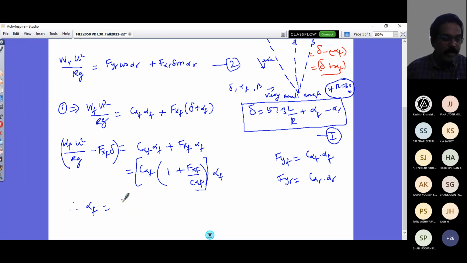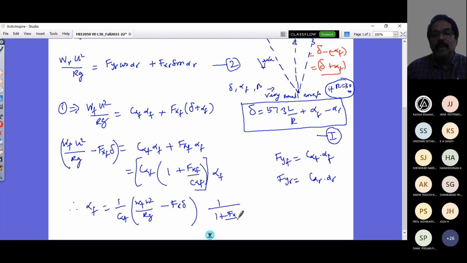So let me have this equation as it is, and 1 by C alpha F into WF U squared by RG minus FX delta into 1 by 1 plus FX by C alpha F. Right. So this is my alpha F.